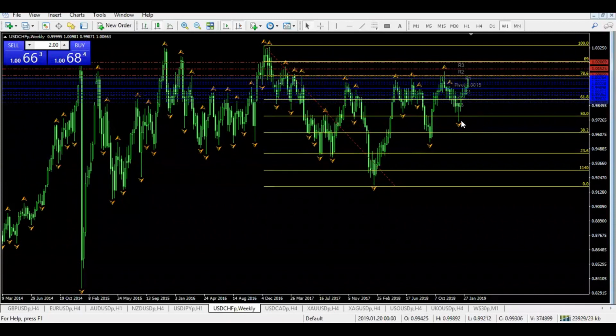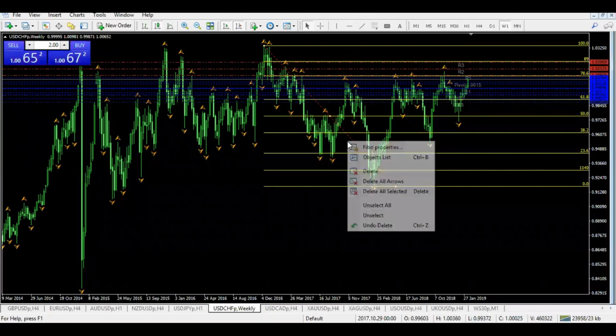When this 100 breaks, when you draw it like this and the 100 breaks, you should go to the weekly time frame and draw its major Fibonacci. Right now your price is stuck in 78 for a few months now. Did you understand this?